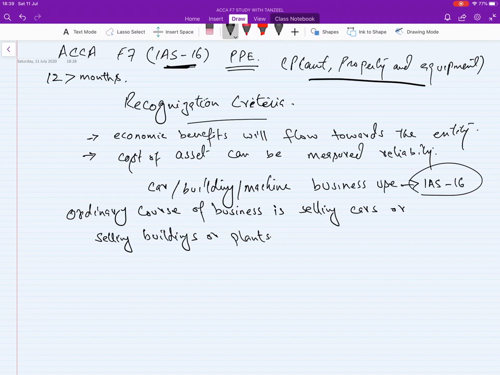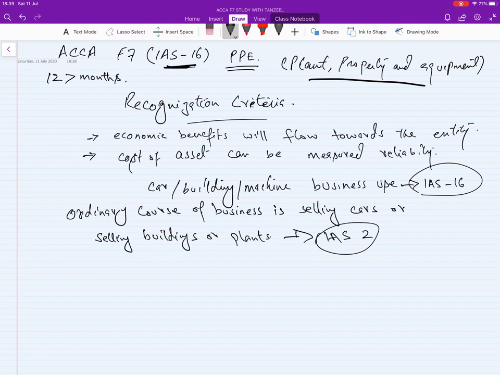Because this is your inventory, these will be covered under IAS 2. If you're selling cars or buildings or plants, not for business use but keeping them to sell, we will consider them as your inventory, so it will be covered under IAS 2.